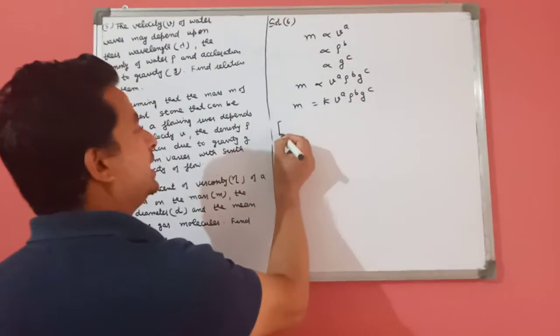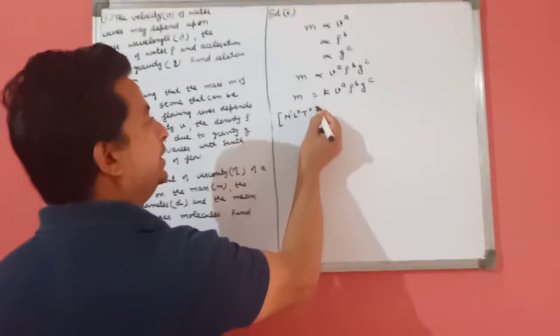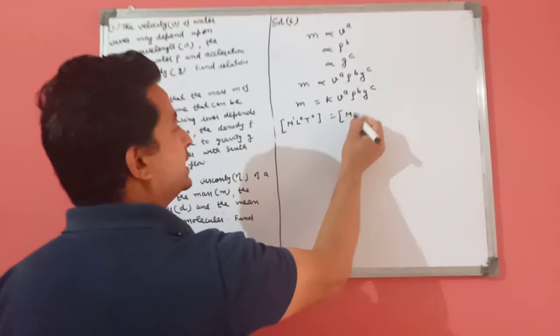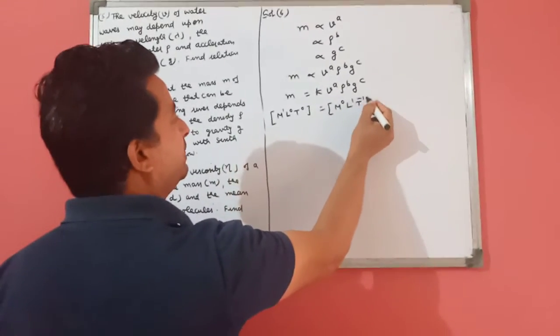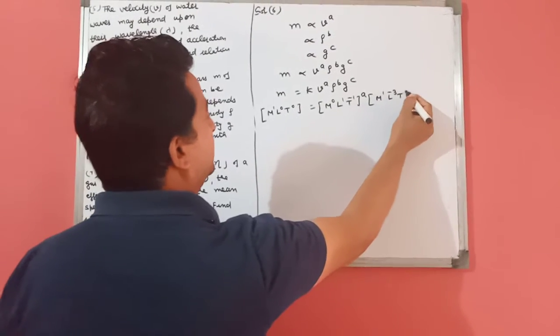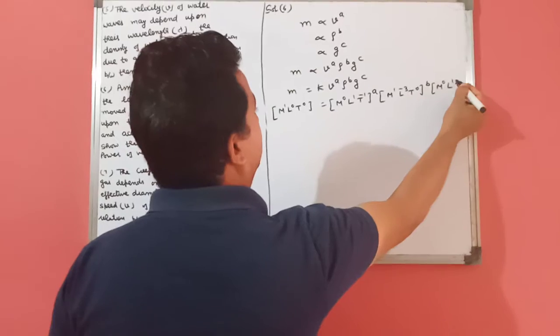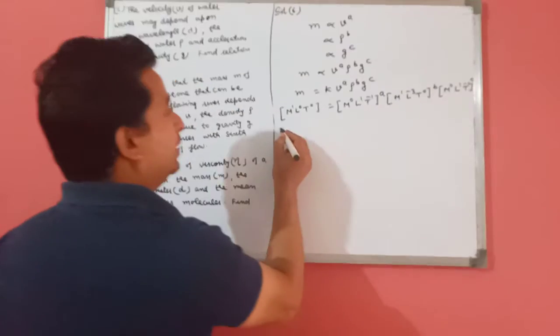Mass has the dimension formula M only, M^1 L^0 T^0. Velocity is M^0 L^1 T^-1. Density is M^1 L^-3 T^0. Gravity is M^0 L^1 T^-2.